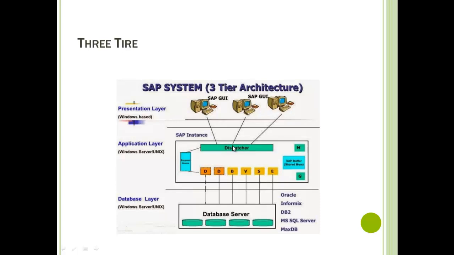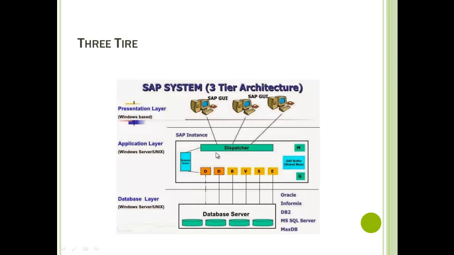The job of the dispatcher is that it dispatches the request to the specific work process. We saw before WP, it's a work process. We have different kinds of work process: dialog work process, background work process. We will come to that in detail, what each one does.